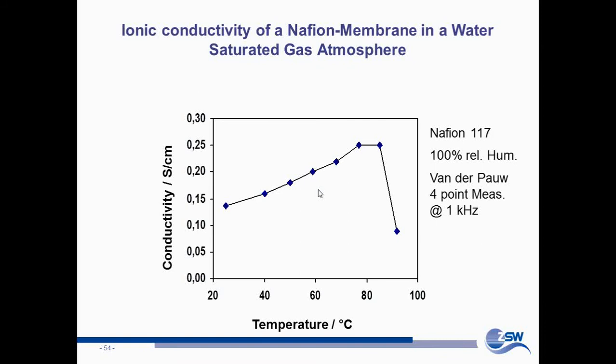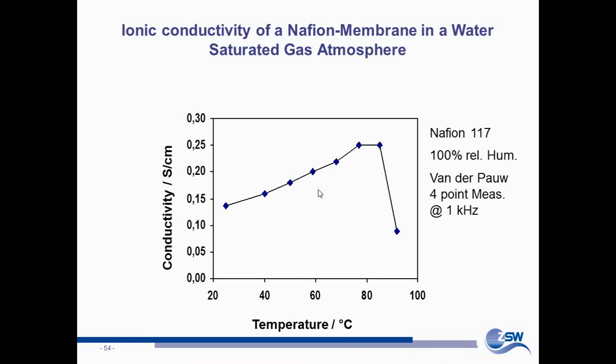But the interesting thing is, if you do a kinetic analysis, an Arrhenius plot out of it, it will never end in a linear relation, since you have two processes counteracting. One process is the increase of conductivity due to increase of temperature, and the second is the decrease of conductivity by loss of water.